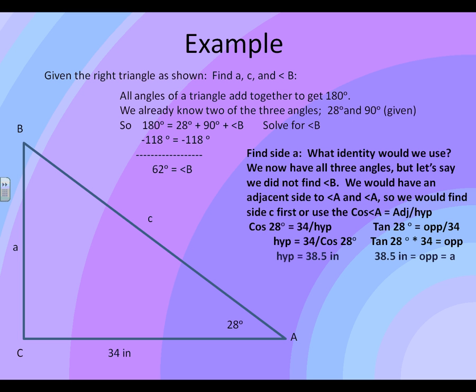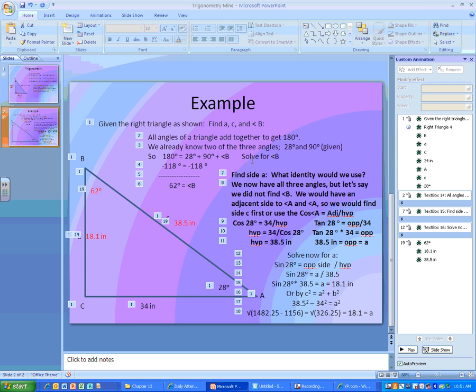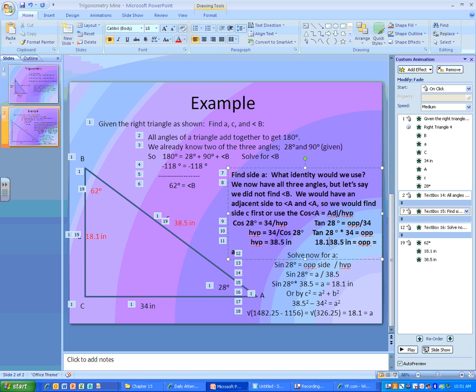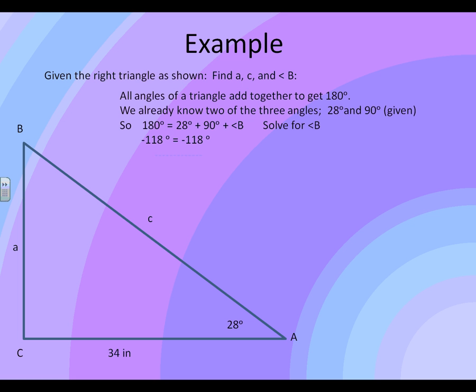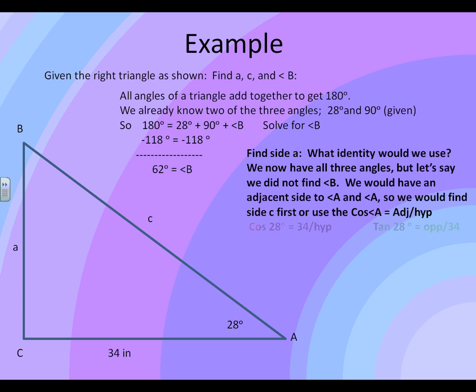In either case, we're going to get that the hypotenuse is equal to 38.5 inches, and the opposite is going to be 18.1 inches, which is a mistake that I have right here. And so, correcting that mistake, we will find that we have 18.1 being the opposite side.